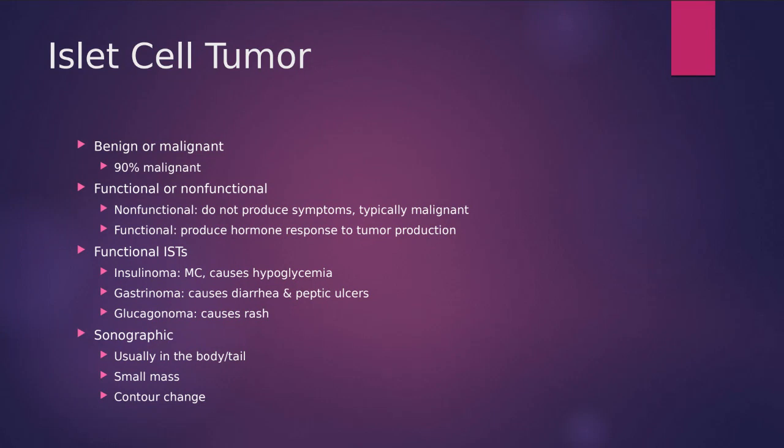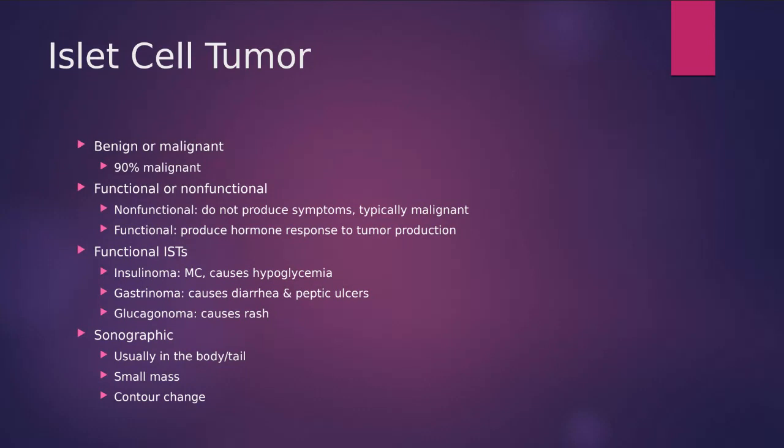It's going to cause hypoglycemia in the patient. We can have a gastrinoma that is going to cause diarrhea and peptic ulcers because it's going to be producing the digestive hormones. And then we can have a glucagonoma. This is going to cause pruritus of the skin or a rash of the skin. It's going to be producing glucagon or glucose a little bit more in these patients.